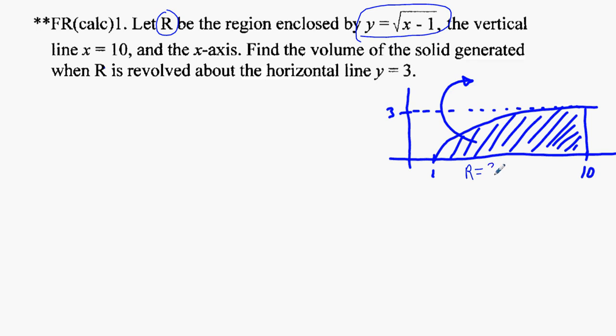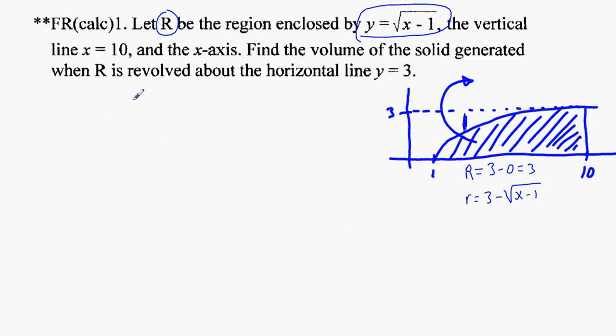So our radius is 3 minus 0 equals 3. That's our big R. Now, what is our little r going to be? Our little r is going to be this distance right here between the curve and 3. So our little r is going to be 3 minus the square root of quantity x minus 1.